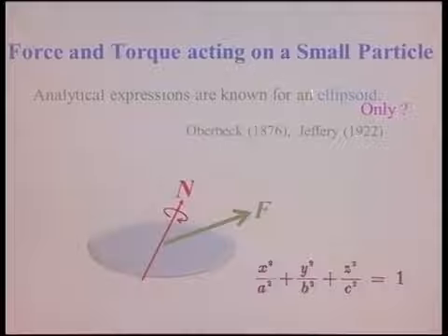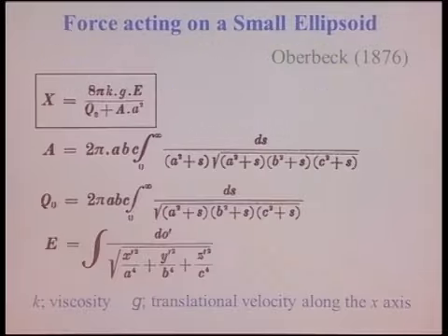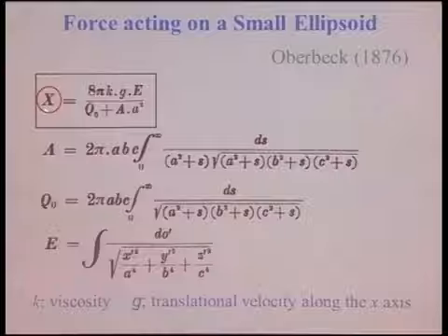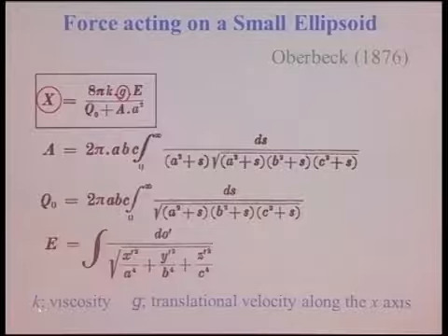So surprisingly, only this ellipsoid case, the analytical expression is known, and this was discovered a long time ago. And I took the copy from his paper. It's in German, and the notation is slightly different. This is force, and G is translational velocity along the x-axis. K is viscosity, and this is his result.